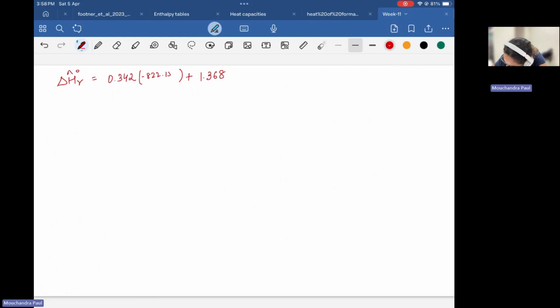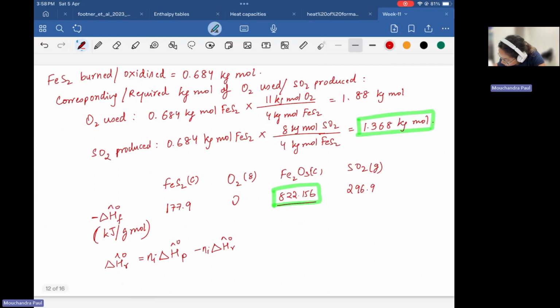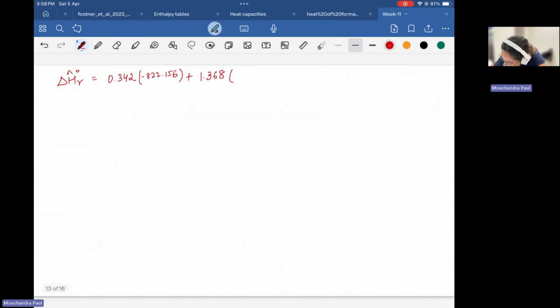And for SO2, it is minus 296.9. This is the product side. We have to subtract the reactant side from this value.